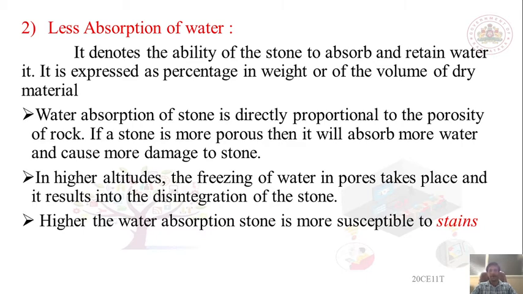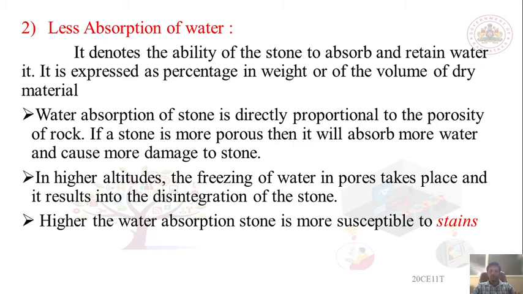For example, we have 1 kg of stone, and that stone is submerged in water for a period specified as per IS codes. Then it will absorb a certain quantity of water. After a period of time, let's say 24 hours, you remove it from the water, wipe the surface of the stone, then measure it.